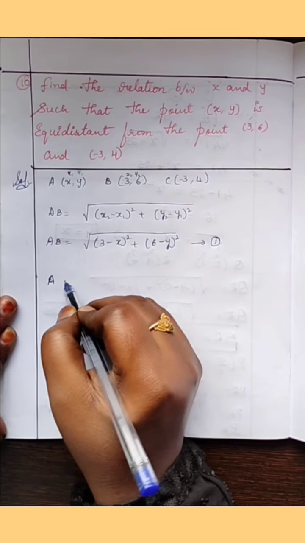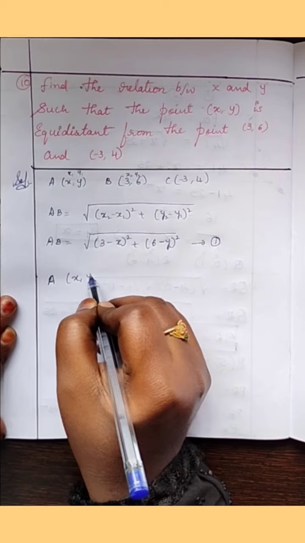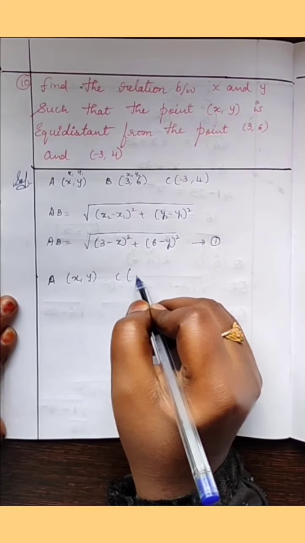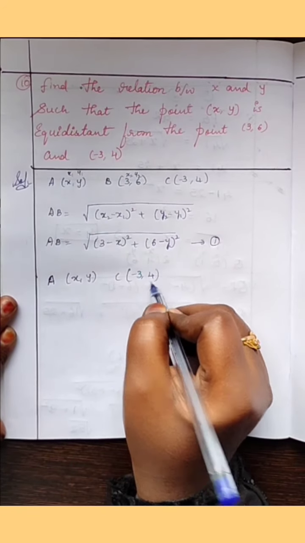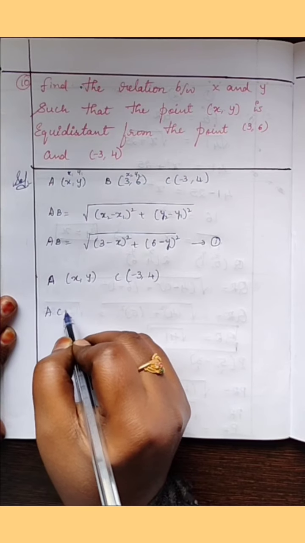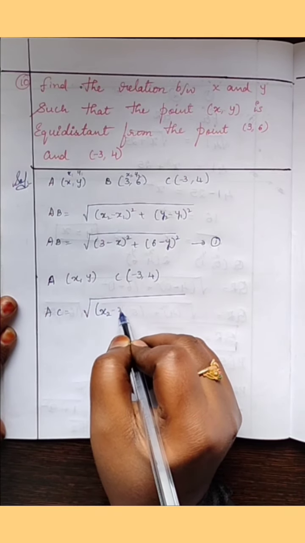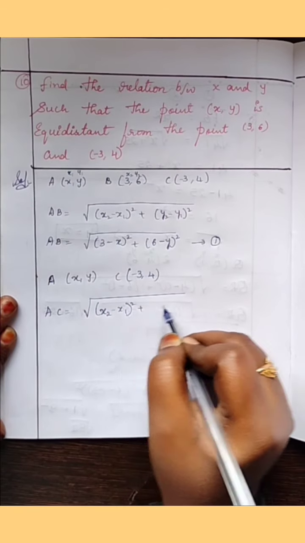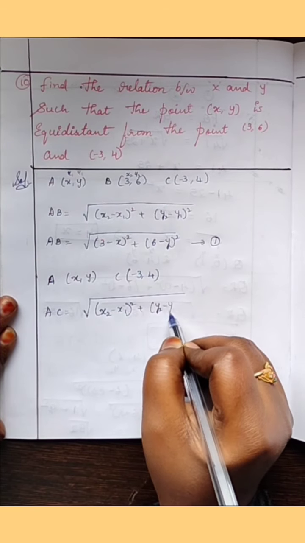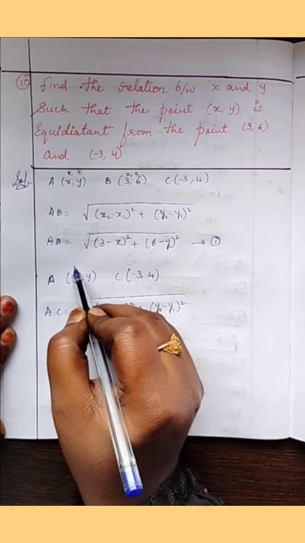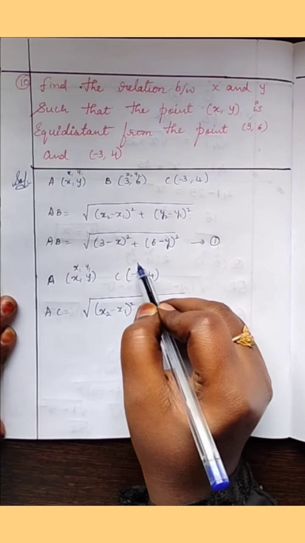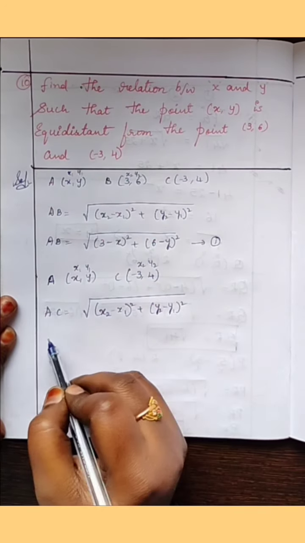The point A is (x, y) and C is (minus 3, 4). Now substitute in the distance formula. AC equals root of (x2 minus x1) whole square plus (y2 minus y1) whole square. Consider this as x1, y1 and this as x2, y2.